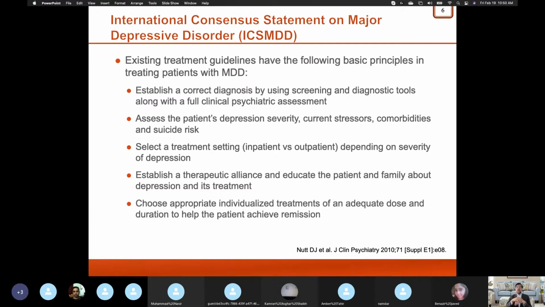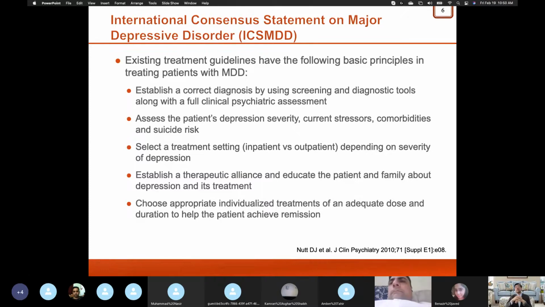Select a treatment setting, inpatient versus outpatient, depending upon the severity of depression. So if the comorbidities are complicated, if the stressors are significant, if the suicide risk is imminent, don't hesitate to admit the patient. Establish a therapeutic alliance and educate the patient and the family about depression and its treatment outcome.